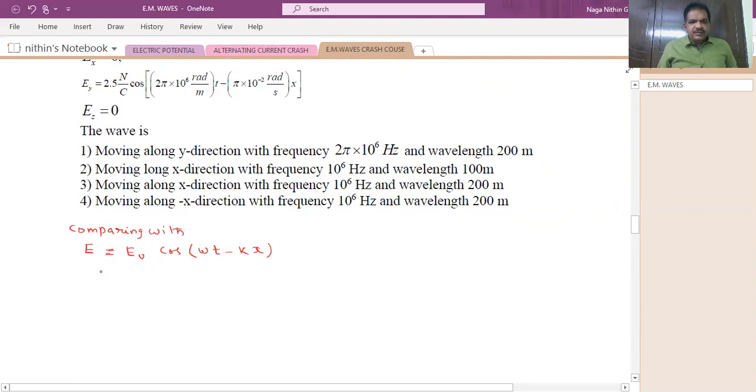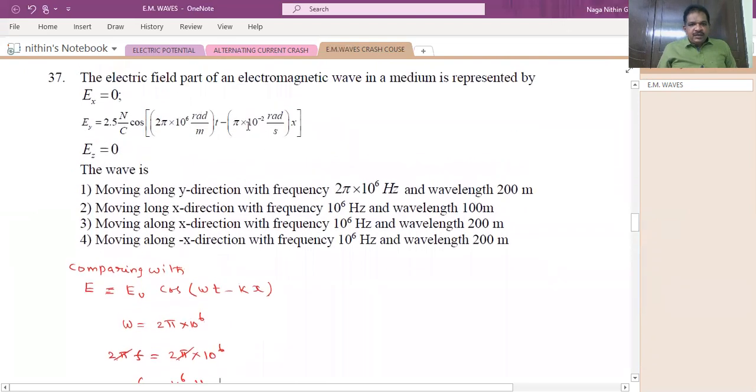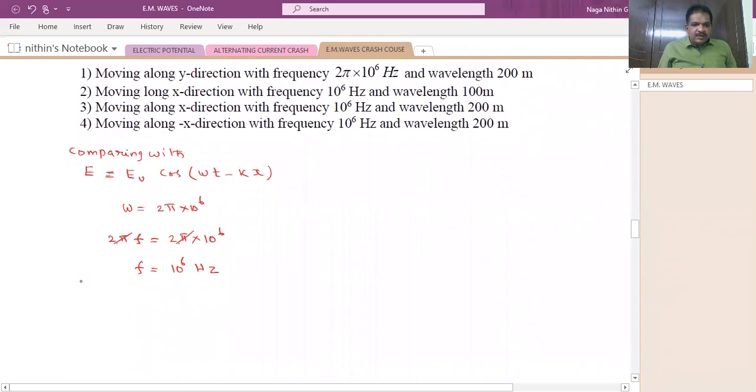So here omega is equal to 2 pi into 10 power 6. Then 2 pi f is equal to 2 pi into 10 power 6. 2 pi gets cancelled. f is equal to 10 power 6 Hz. K value will be pi into 10 power minus 2.